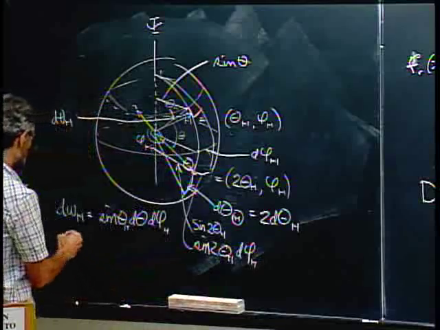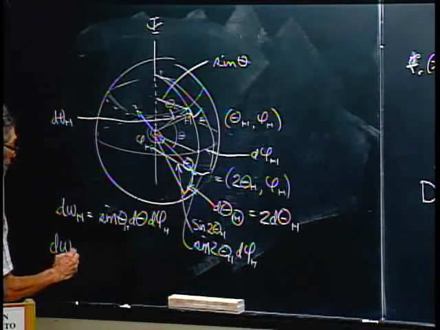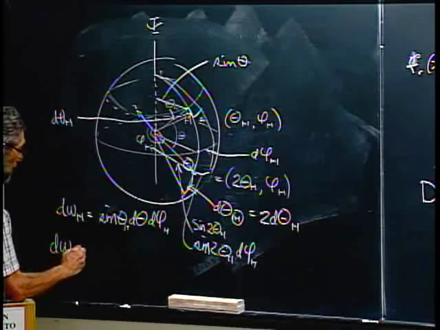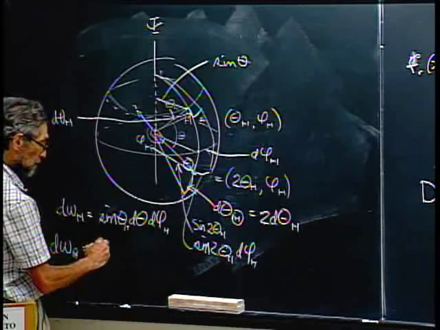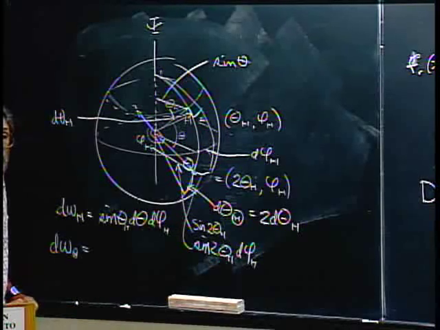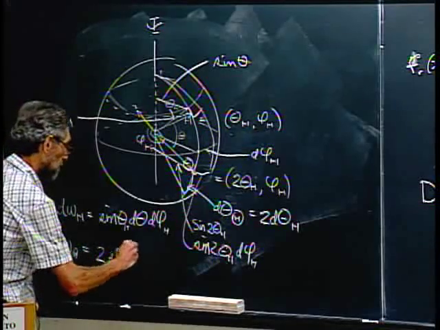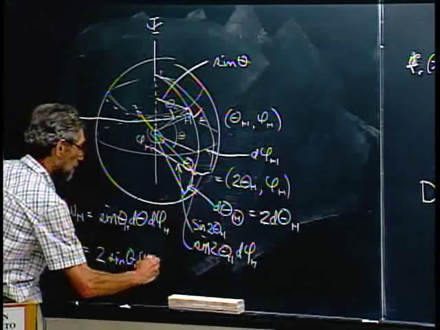So d omega for the out direction is, do you remember how you find sine of twice an angle? Sine 2 theta, do you remember the trig formula for that? It's twice sine theta times cosine theta. Does that sound familiar? So this is twice sine theta h cosine theta h.